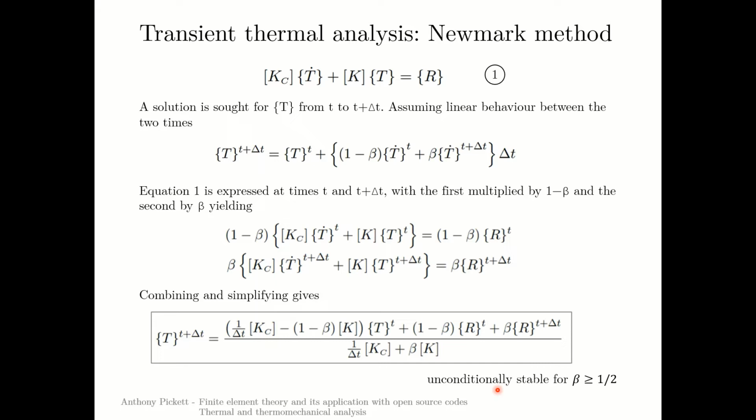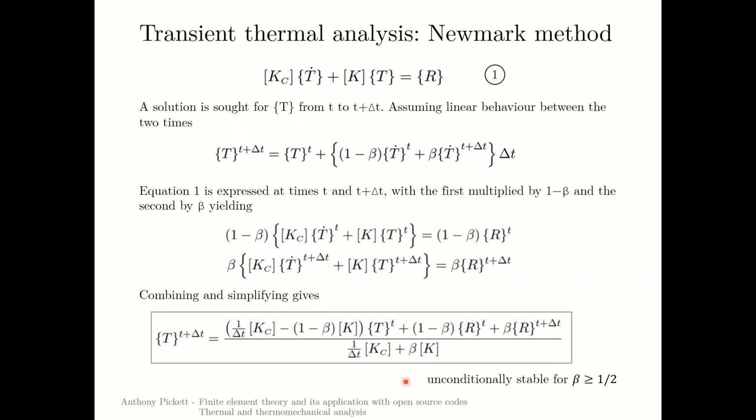Of course, this assumes things are linear. In other words, these conductivity matrices, capacitance matrix and conductivity matrix, are not changing during this time interval. If they are, then you will have to do this within some kind of an iterative scheme. So this allows us to find updated nodal temperatures.